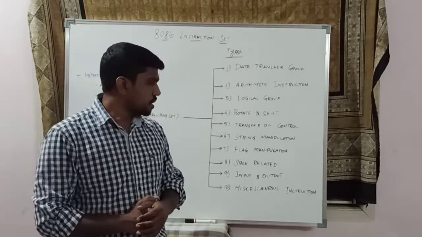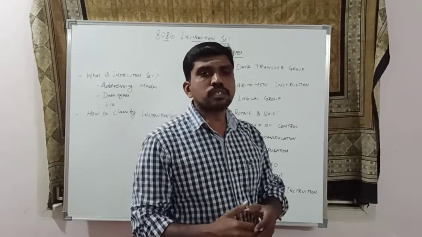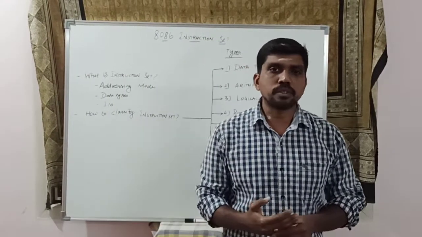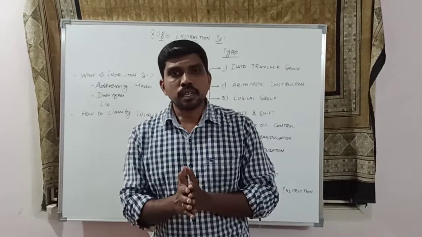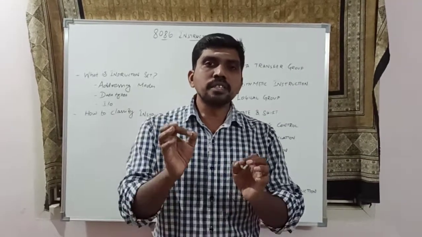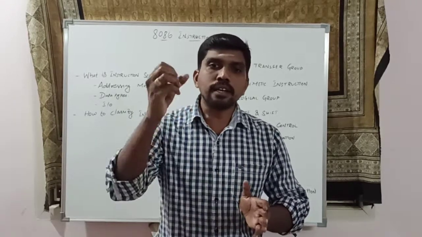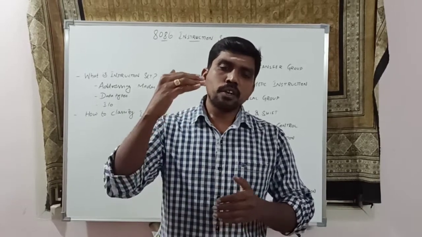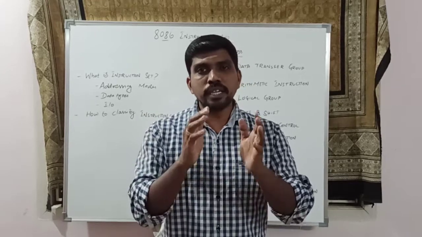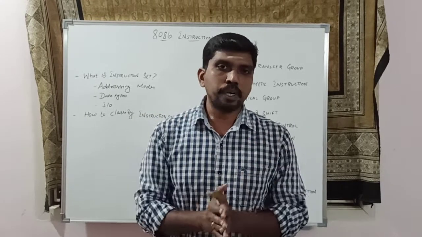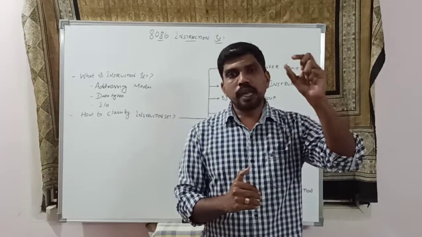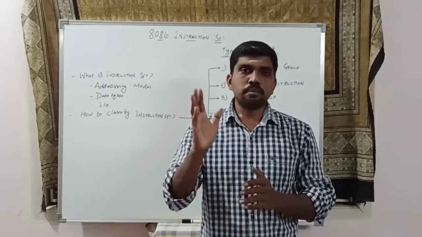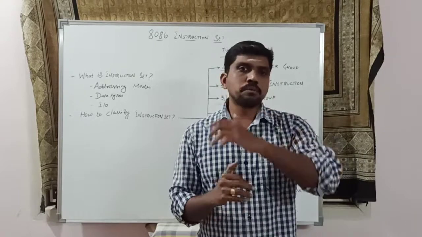The next one is the miscellaneous instruction. This instruction comes under the NOP function. What is NOP? That also we discussed. NOP means no operation. This instruction is mainly used for creating a delay. Suppose you want to create a delay, in this case you use the NOP instruction. For example, I have two instructions: MOV AX comma some 16-bit value, MOV BX comma some 16-bit value.